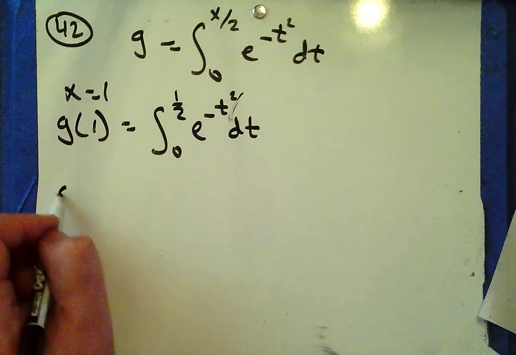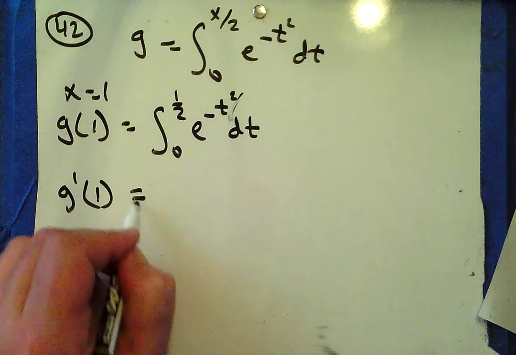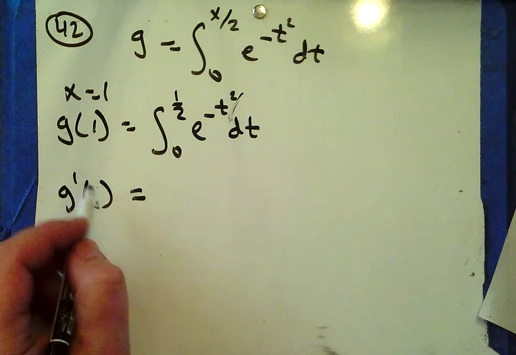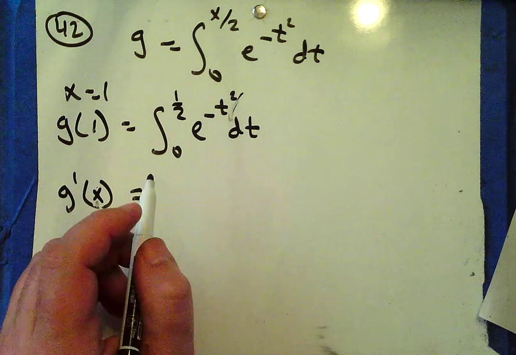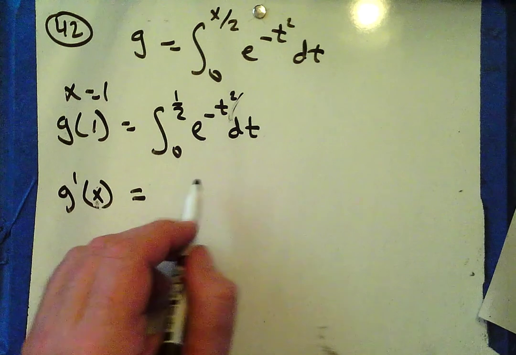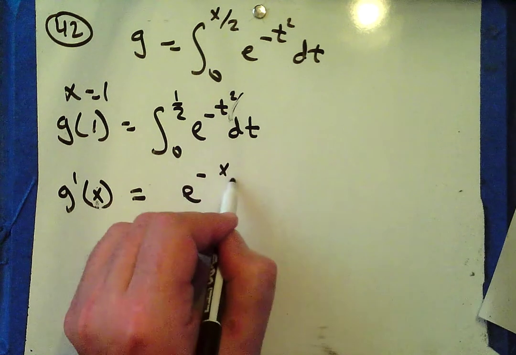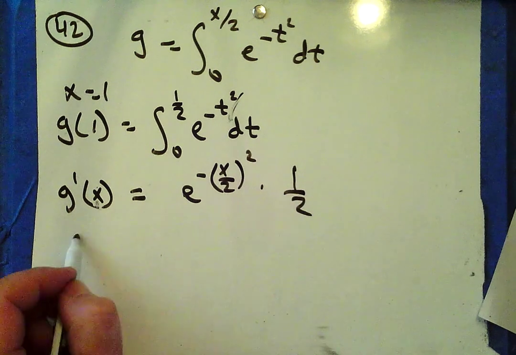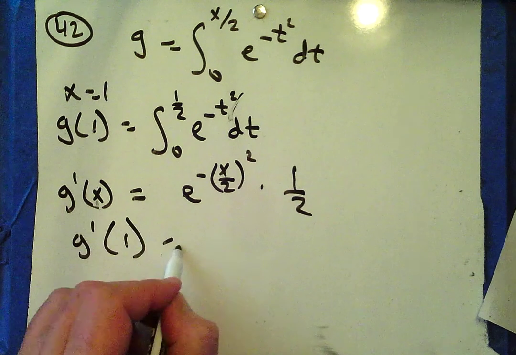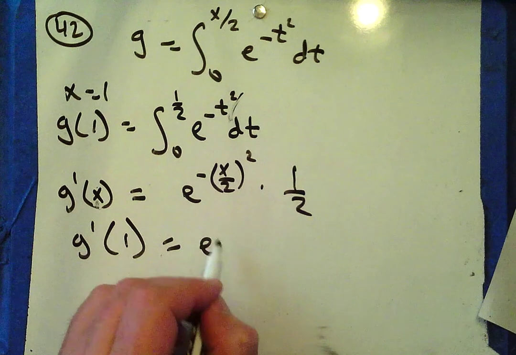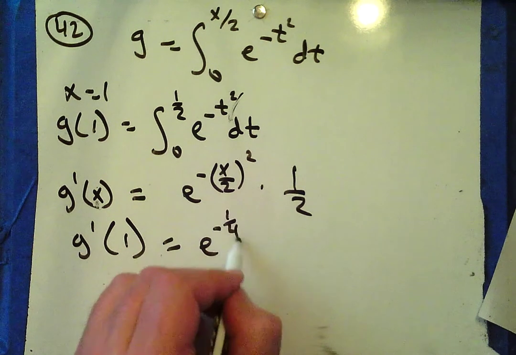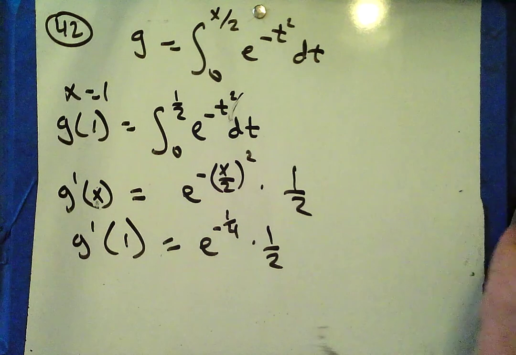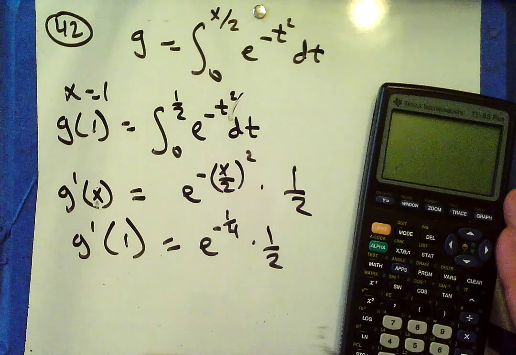Okay, and then I also need g prime of 1, which is the derivative of this function. So g prime is going to be e to the minus (x over 2) squared times 1 half, and I want g prime of 1. So e to the minus 1/4 times 1 half. Okay, let's pull out our calculator and evaluate these things.